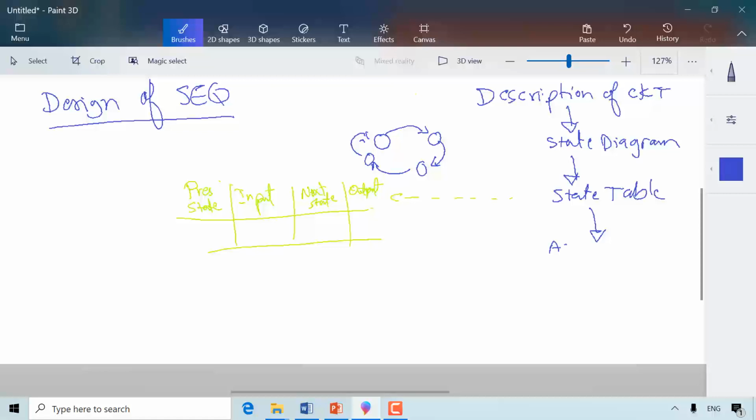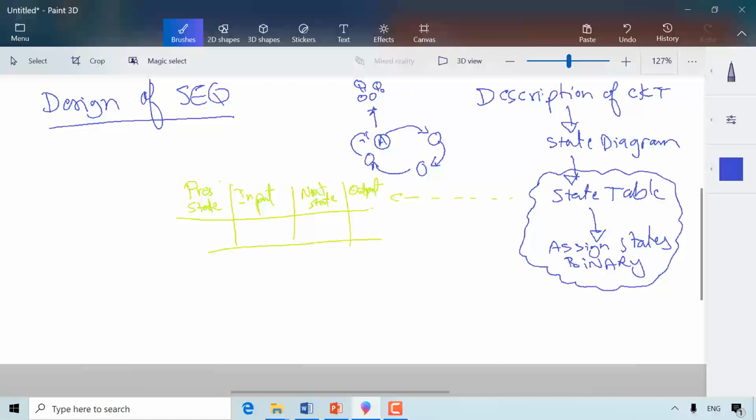For example, if this is state A, we will represent state A as 0 0, where 0 0 represents two flip-flops, Q1 and Q0. We will see this in the exercise, but we are just going through the process. Typically, if you are a good designer, you will merge these two steps into one.